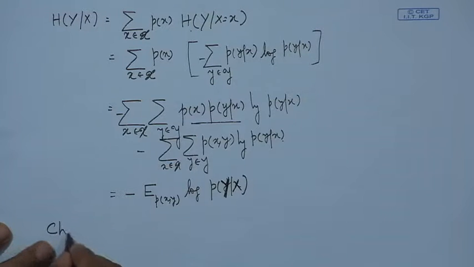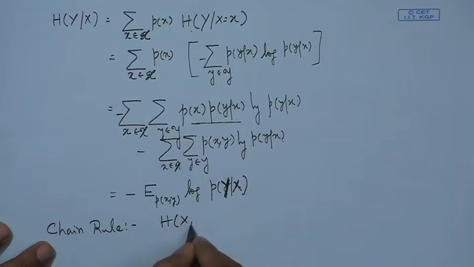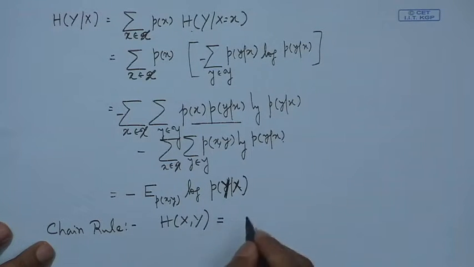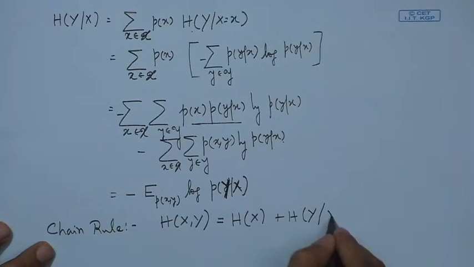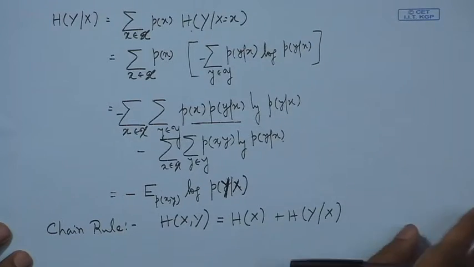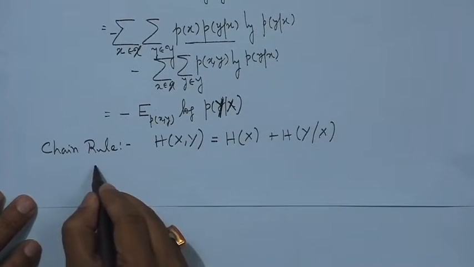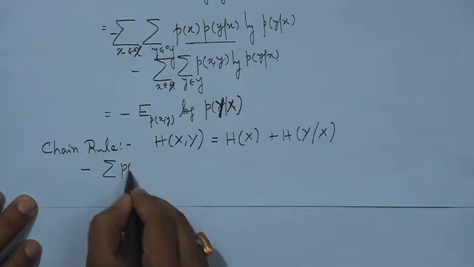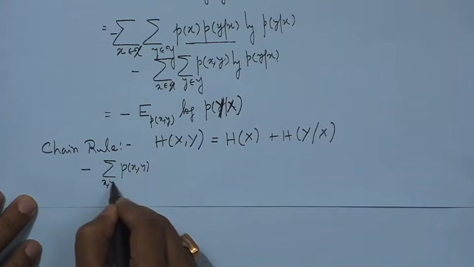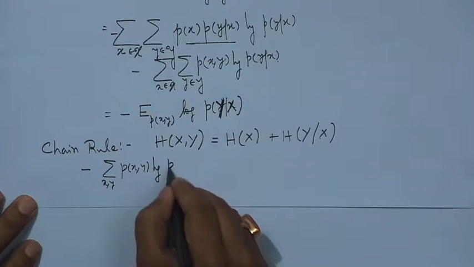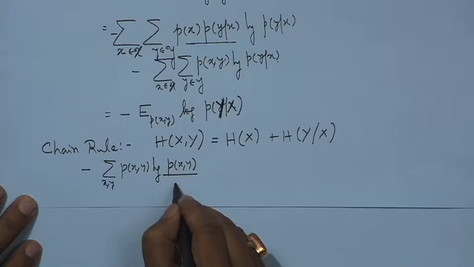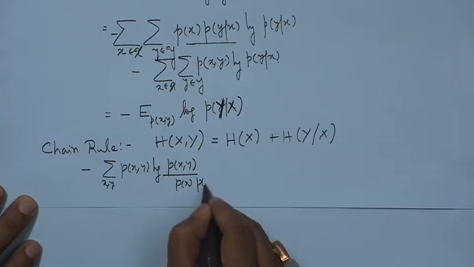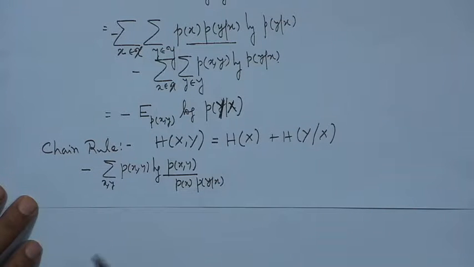We could also have the chain rule following this. The chain rule says H(X,Y), the joint entropy, is equal to H(X) plus H(Y conditioned on X). Now this could be done if you write the left hand side as minus the sum of p(x,y) over all x and y of log p(x,y). Now p(x,y) you could break into p(x) times p(y given x) by Bayes theorem. Now this is straightforward.